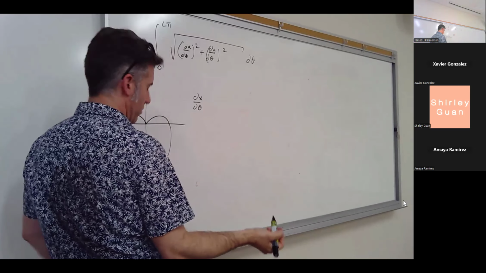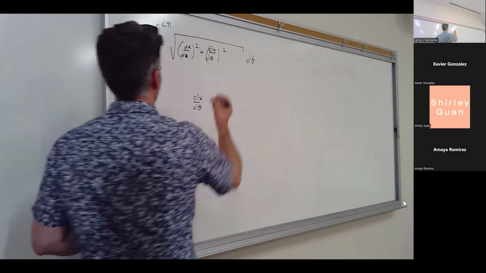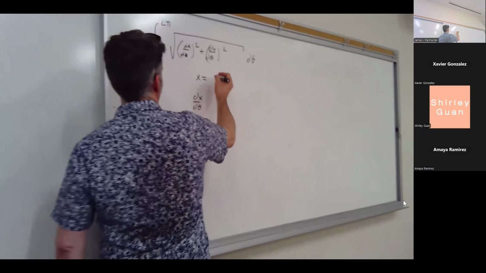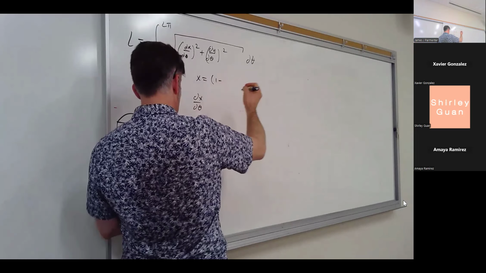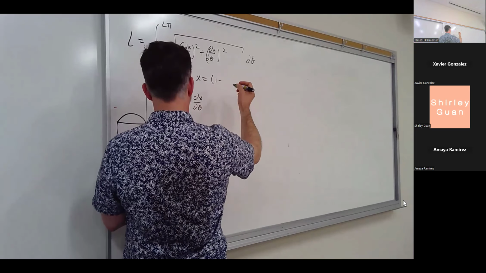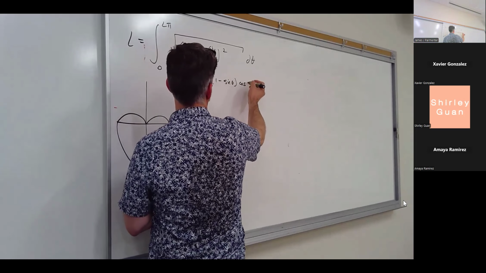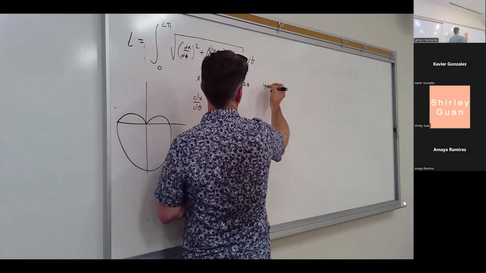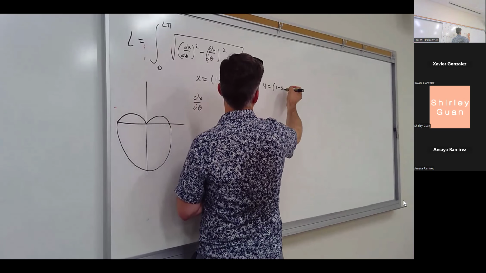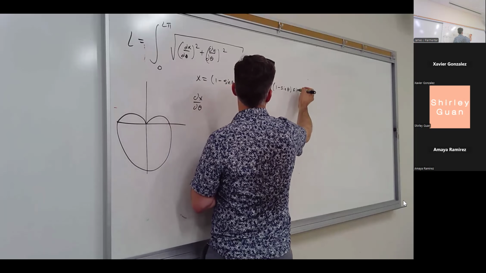Our x was 1 minus sin theta times cosine theta, because it's r cosine theta. Your y is 1 minus sin theta times sine theta.